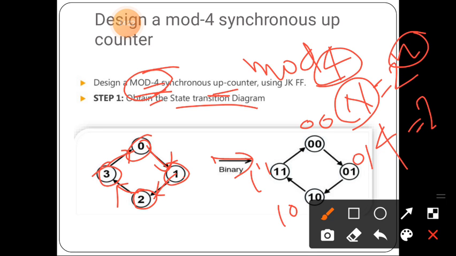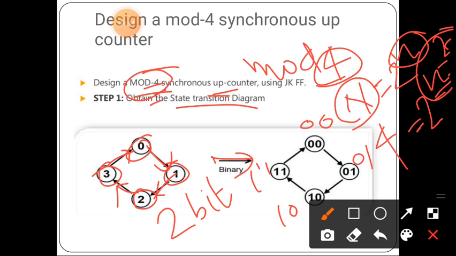So 2 raised to what n value? n will be 2, 2 raised to 2 is 4. So the number of flip flops required is 2, meaning 2 bits are required. Here 4 states are represented using 2 bits.